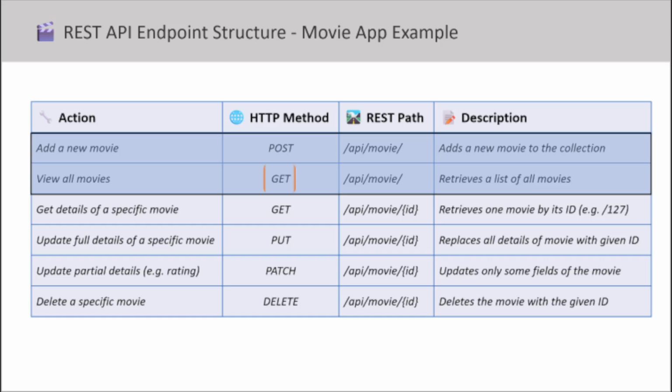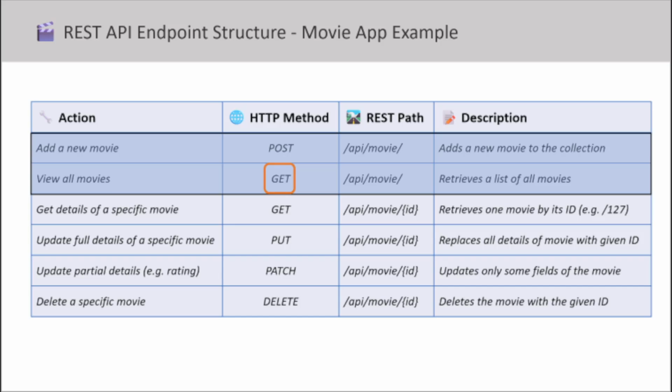Whereas the get above is used to retrieve all the records, all the movies. I hope this difference is very clear. This get is to retrieve one movie, and this get is to retrieve a list of all movies.